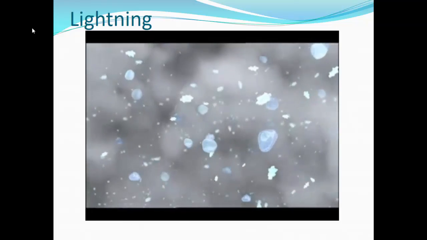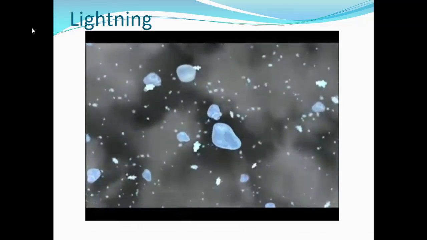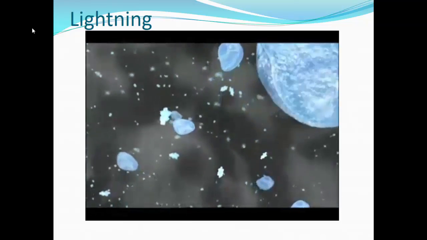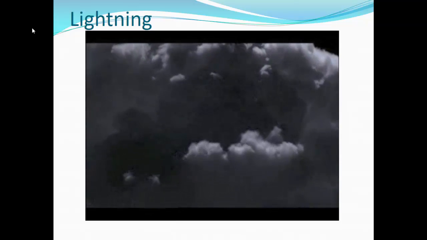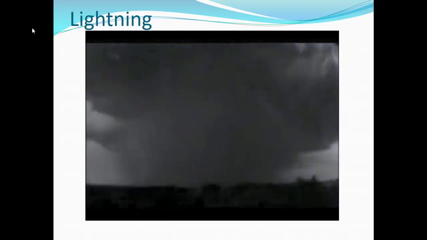As it gets higher, the temperature drops and the water particles freeze. Some become small ice crystals, others larger slushy ice. In the turbulent storm, the two different types of ice crash into each other and become electrically charged. A huge electric field begins to build up until it becomes so strong it reaches for the earth below.